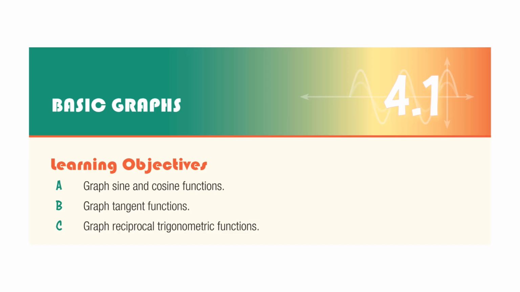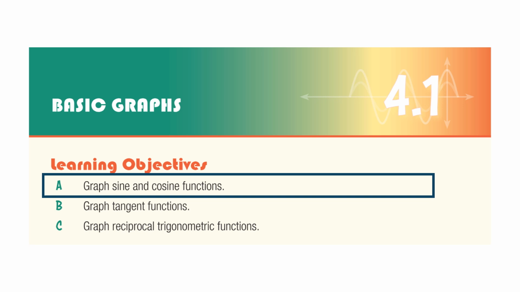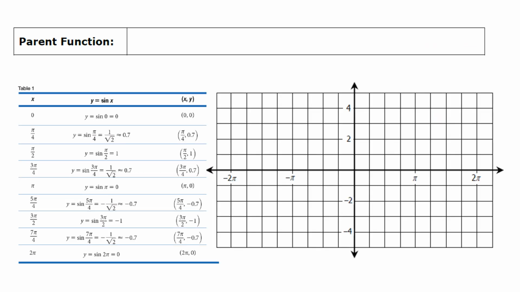All right, let's go through our first objective. Graph sine and cosine functions. So let's first start off with the sine function. So y equals, if it was written in function form, f of x equals sine x. Okay, so we can use the unit circle or this table here on the left-hand side to help us graph the sine function.